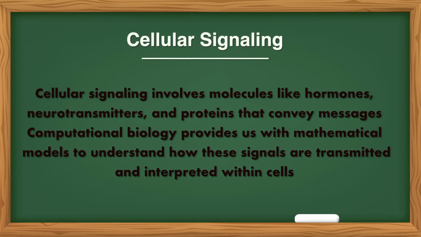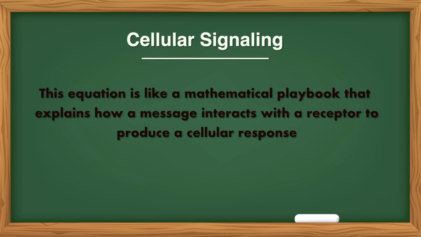Cellular signaling involves molecules like hormones, neurotransmitters and various proteins that convey messages from one part to another part. Think of these molecules as messengers delivering notes between different parts of the cells. They trigger responses like cellular growth, immune responses or gene expression.